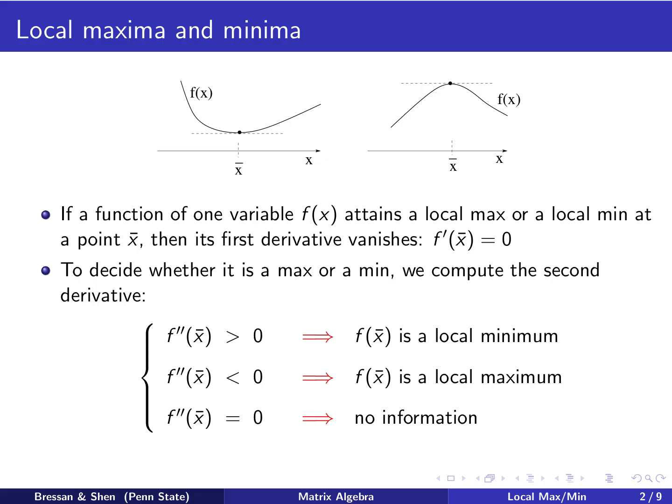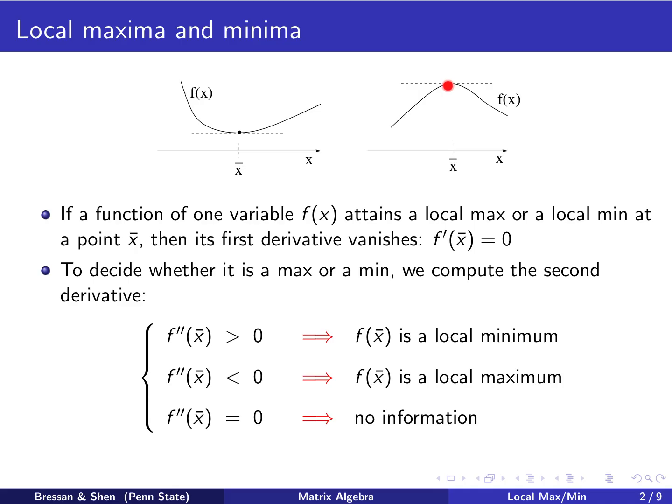Okay, so look at the graph. We see that when it has a local minimum at x bar, then the gradient coming from the left going to the right is changing sign from negative to positive. Therefore, it's increasing, so the second derivative is bigger than 0.